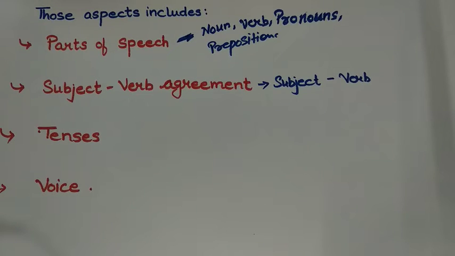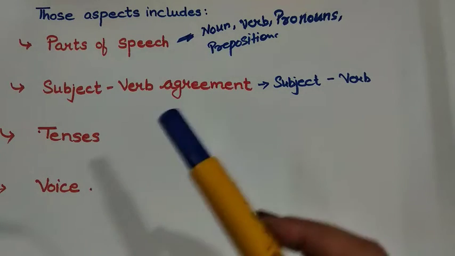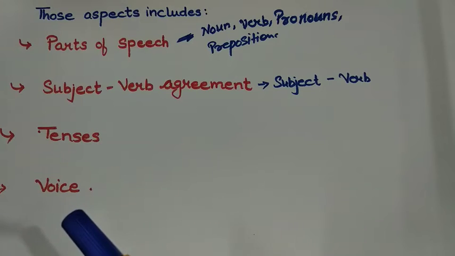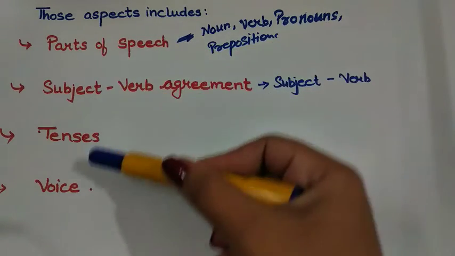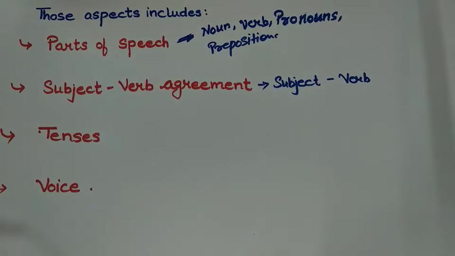Then the third important thing is tenses. You should know the basic knowledge of tenses, because tenses let you know the proper structure of a sentence. And then comes the voice. You should know all these aspects so that you can understand the structure of the sentence.